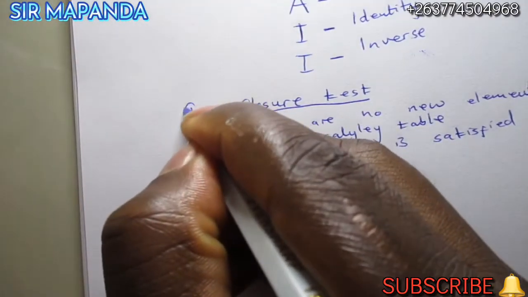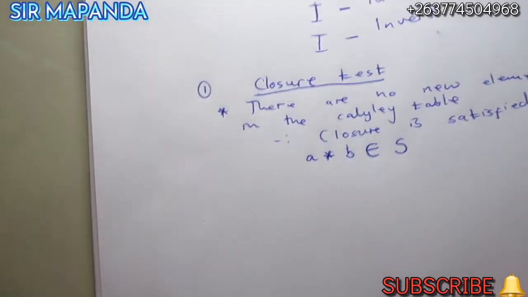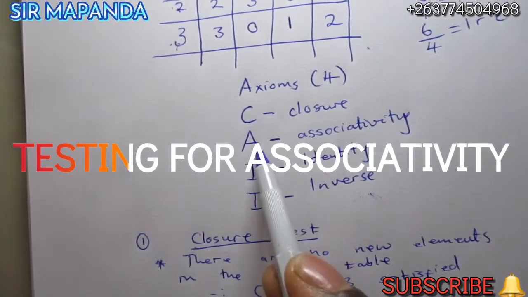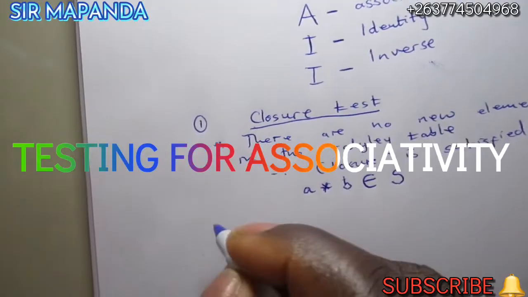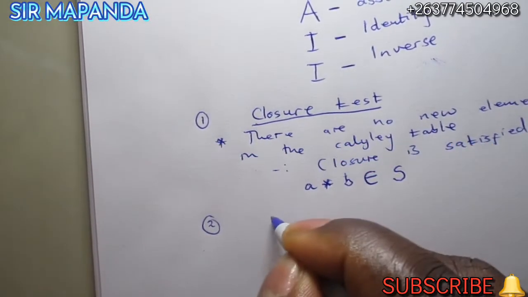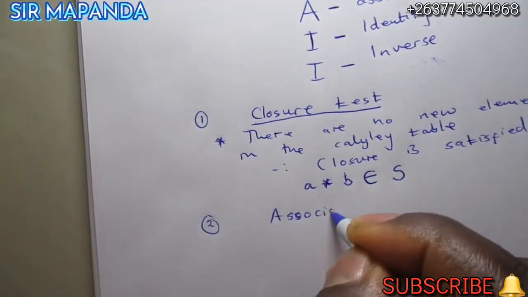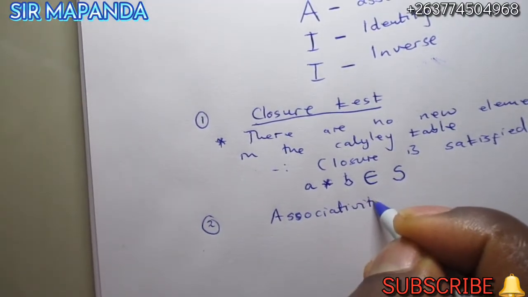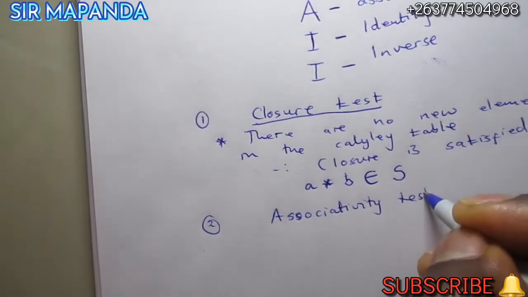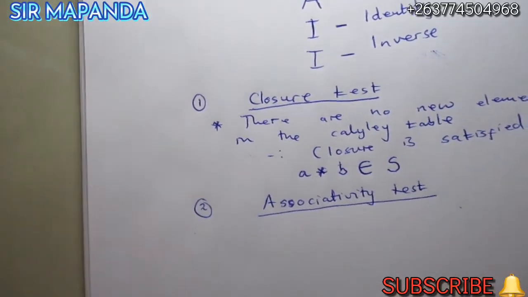So after testing for closure, we move on to A, which is associativity. So I'm now writing associativity test. I hope you are following, guys. Right.